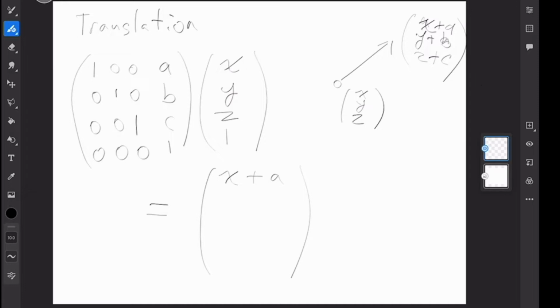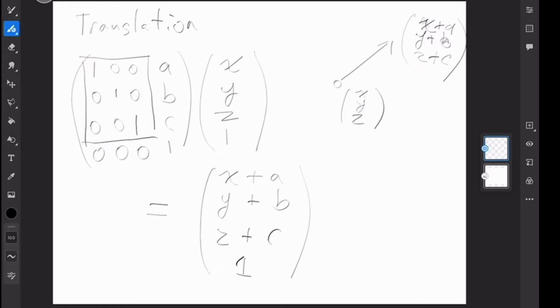So if we go ahead and do this matrix transformation, we have y plus b times 1, z plus c times 1, and just 1 times 1. So it's really important to note that the upper 3x3 is just the identity.